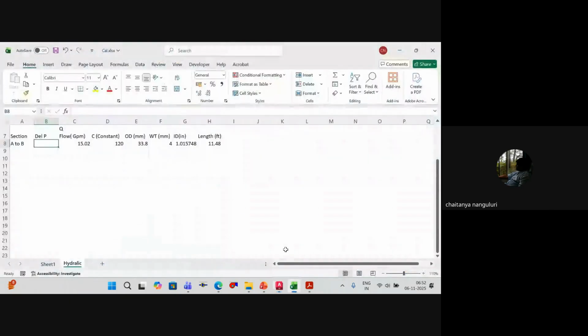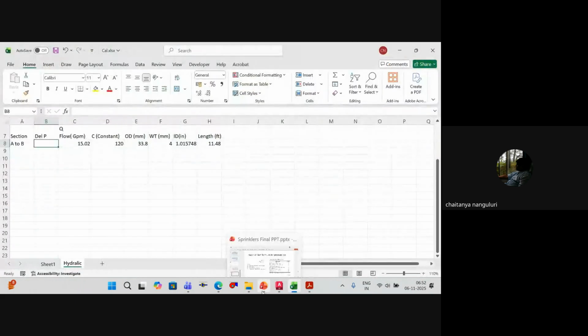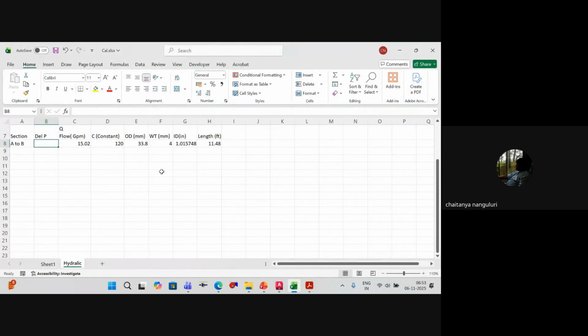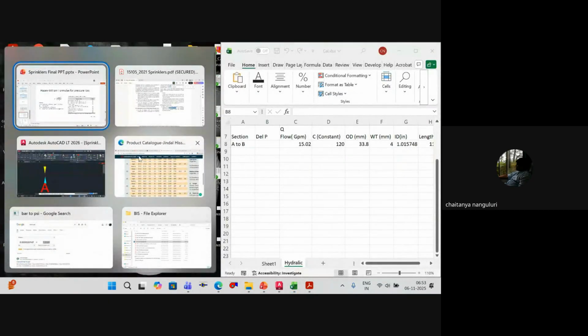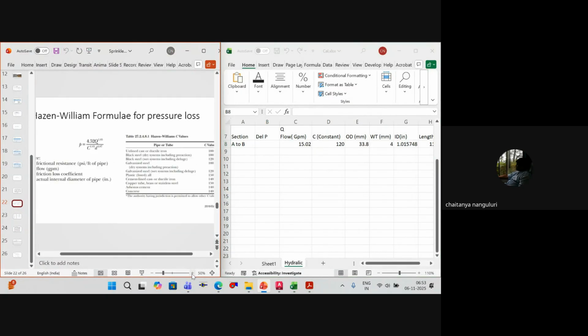For that we use the simple formula, which is your Hazen-Williams equation. P is equal to 4.52 into Q power 1.85. Let me zoom this up.